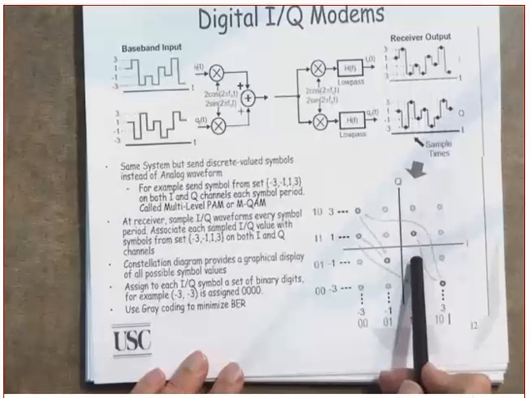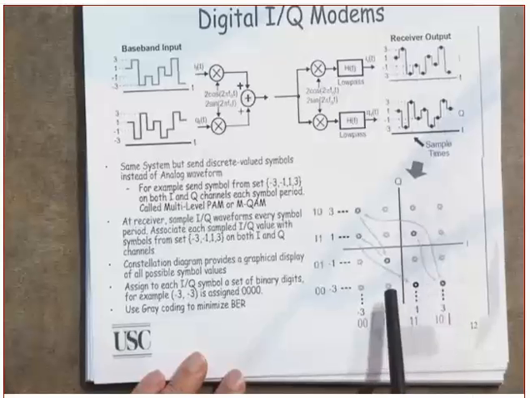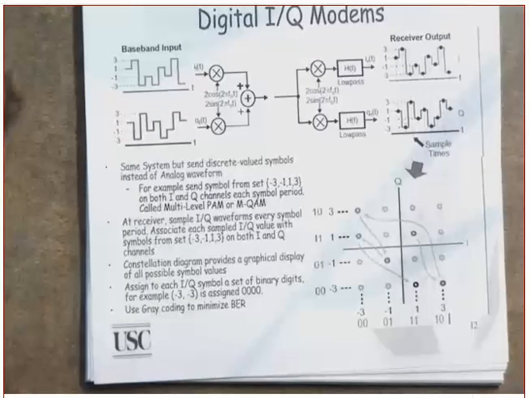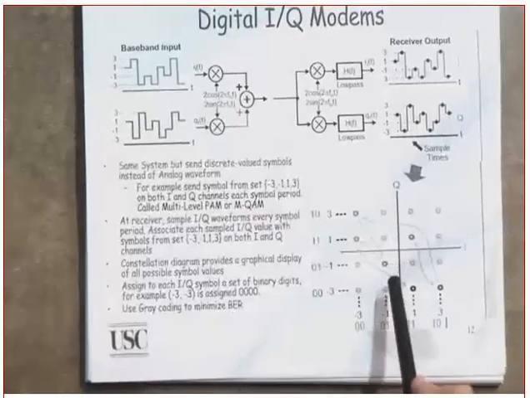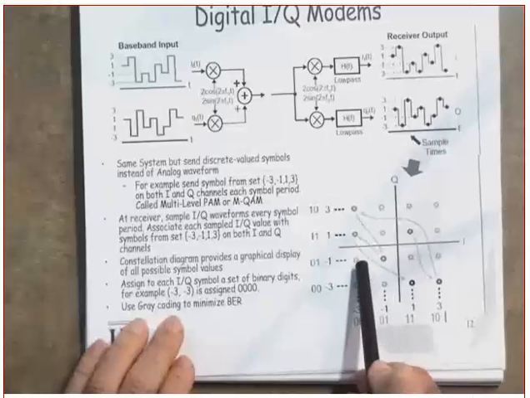From here to here, 1 bit changing. The adjacent symbol to this one is this one, and this one, and this one. It's not this one. This one is not an adjacent symbol.